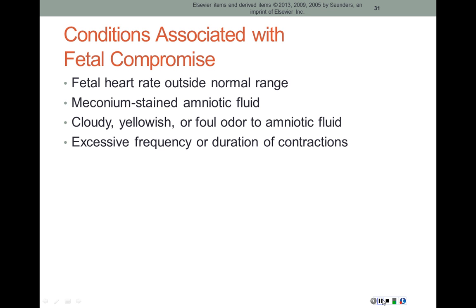It's not supposed to occur while baby is still in utero, because that gets into the amniotic fluid, and then baby breathes that into his lungs or her lungs, and it can cause problems. If we see cloudy, yellowish, or foul odor to the amniotic fluid, when the water breaks and it's not clear, then we might have some compromise going on with baby. And then excessive frequency or duration of contractions.